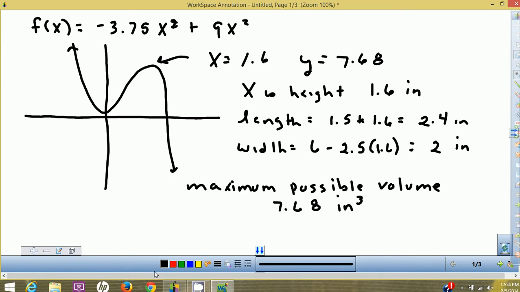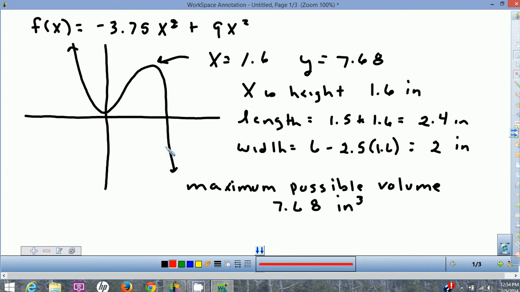One more little point that I want to make here is, let's talk about what the domain of this function is. If I'm looking at what are the valid values of x, can I have x equals -1, x equals -2 in this problem? No, I can't have a height, which was my x value, that's negative. So this is irrelevant. Can I have a volume that's negative? No, so this is irrelevant.